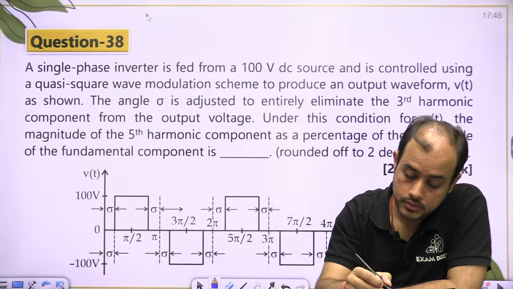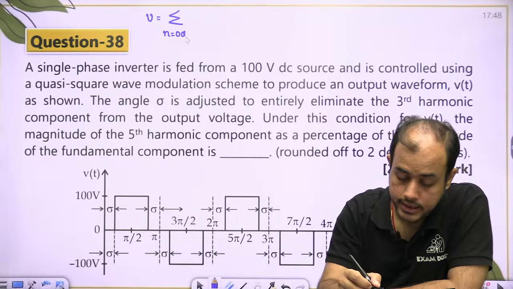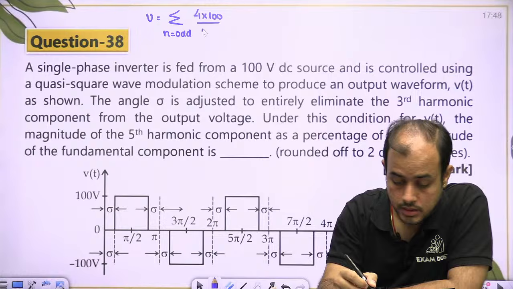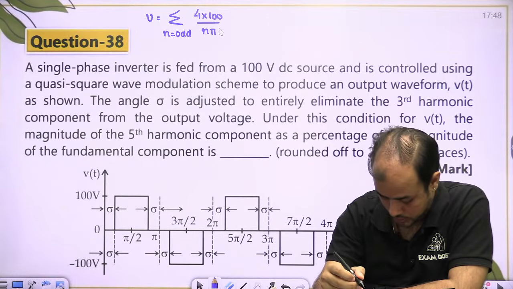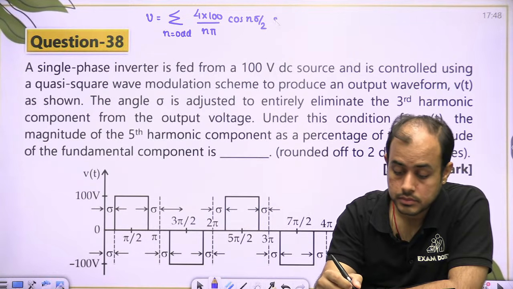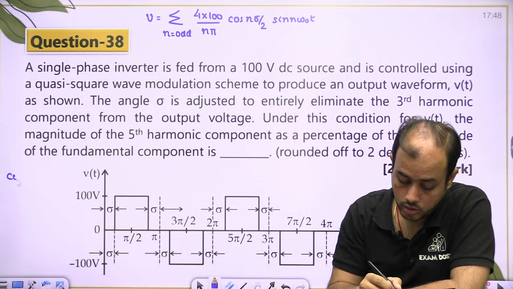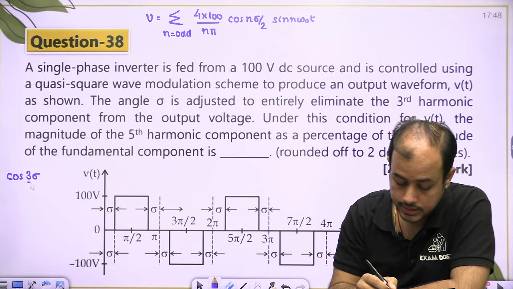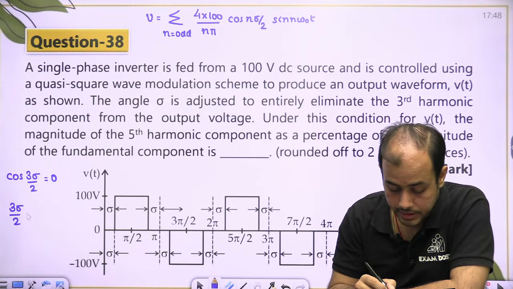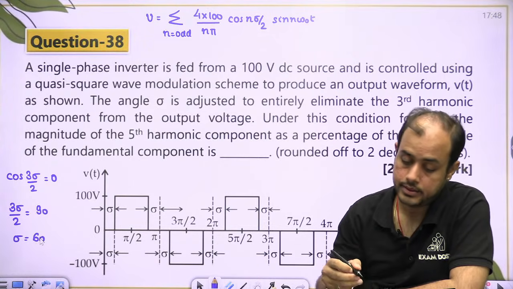देखो बेटा, you can write the Fourier series as, if you want to write in terms of sigma, now beta cos 3 sigma by 2 should be 0 because I want to eliminate third harmonic. Sigma is 60.